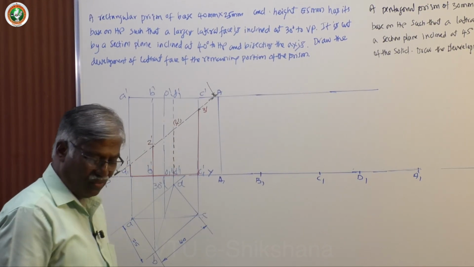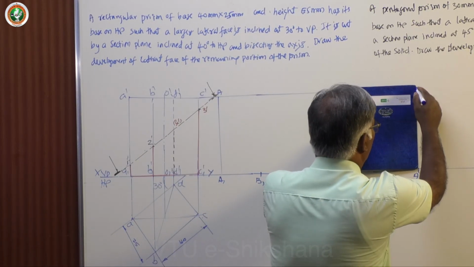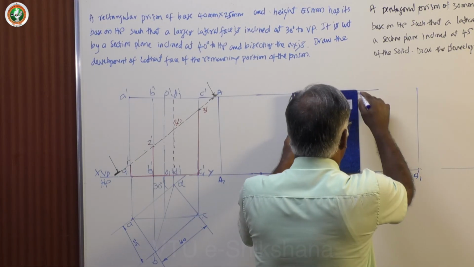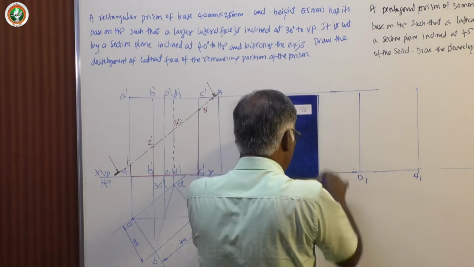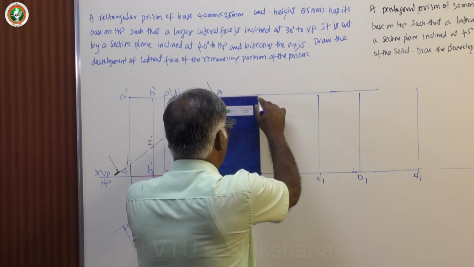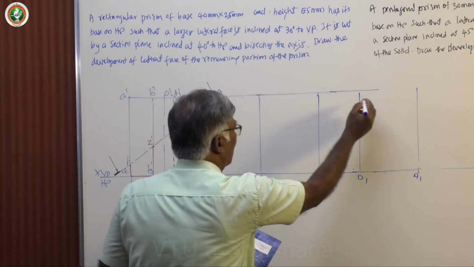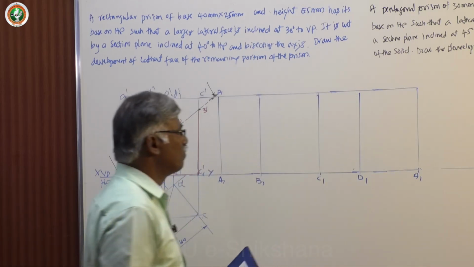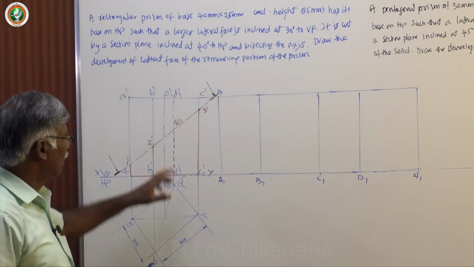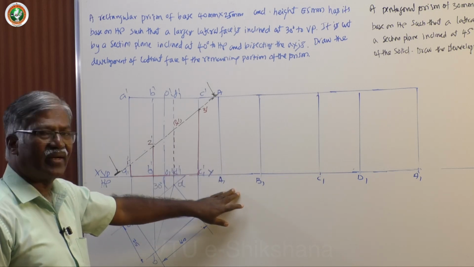Yes. Now, draw vertical lines because they represent the longer edges of the prism. Suppose that there is no intersection plane and the complete lateral surface you are working, then this is the solution. The lateral surface of the rectangular prism.